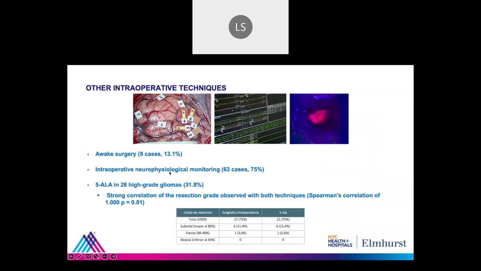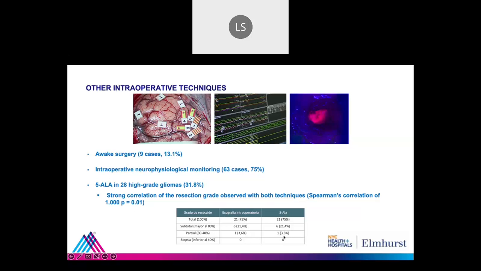So we also studied whether there were other variables that could have interfered with the results. We used the 5-ALA in 28 high-grade gliomas, and the degree of resection, total, subtotal, partial or biopsy, was the same with both techniques.